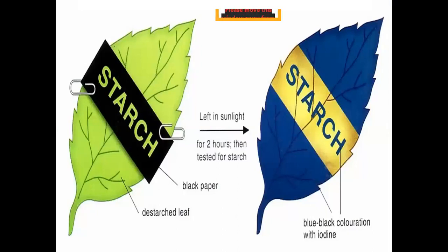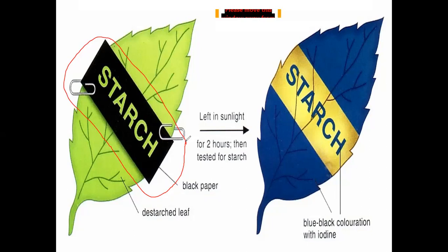So the sugar is stored in the form of starch. Here's the experiment. I told you, interpret this experiment. We have a leaf from the plant. It's green, but we only cover a part of the plant. This is the part that is covered by a black cover. Covering it by this black cover will prevent the sunlight from reaching the plant.